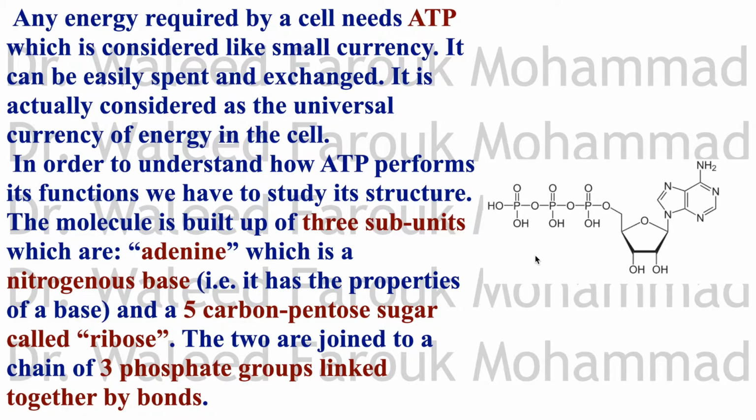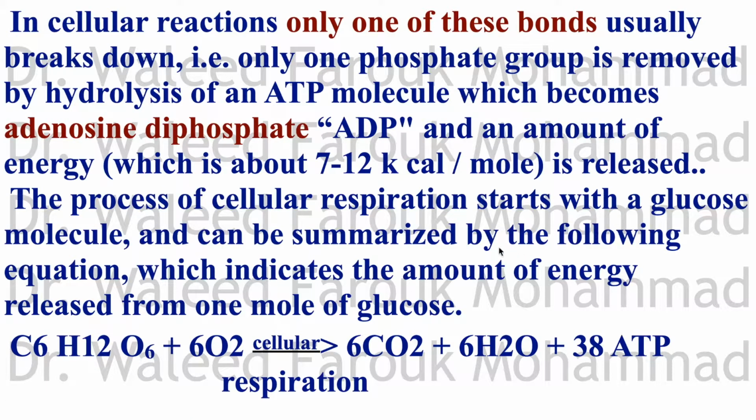Okay, this is the structure of ATP and how it stores energy. As I told you before, only one phosphate is broken down, so the result will be adenosine diphosphate. Energy from 7 to 12 kilocalories is released.